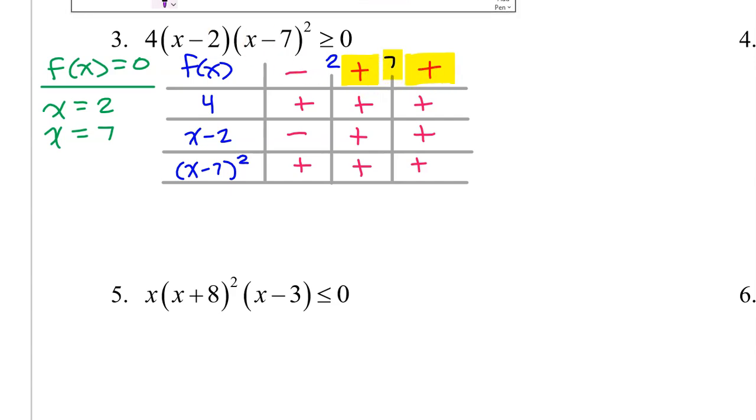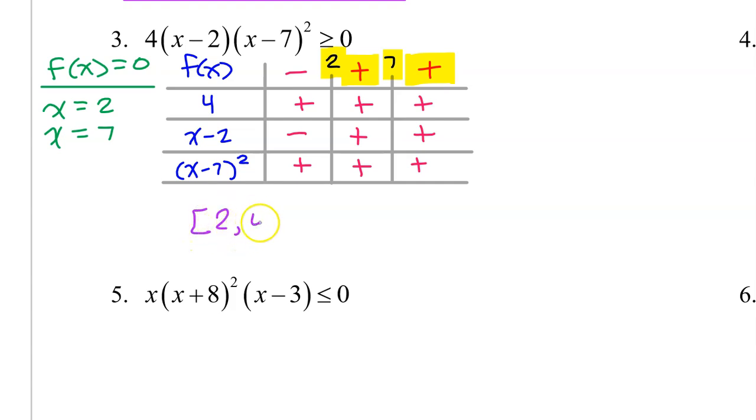Our solution can be one interval that goes from 2 to infinity. In fact, maybe I'll highlight the 2 also, just to emphasize that because of the or equal to, the 2 and the 7 are all included. So we will say bracket 2 to infinity.